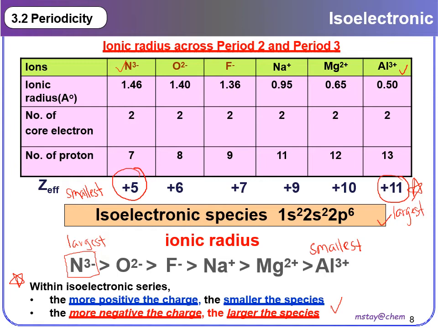If you think it's confusing, then up to the previous level should be enough already. It's enough for you to make the correct judgment when you want to arrange the order in either increasing order of ionic radius or decreasing order of ionic radius.